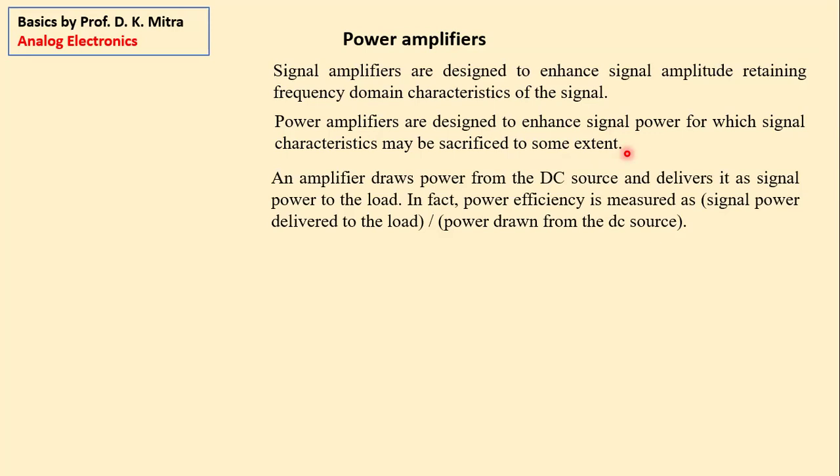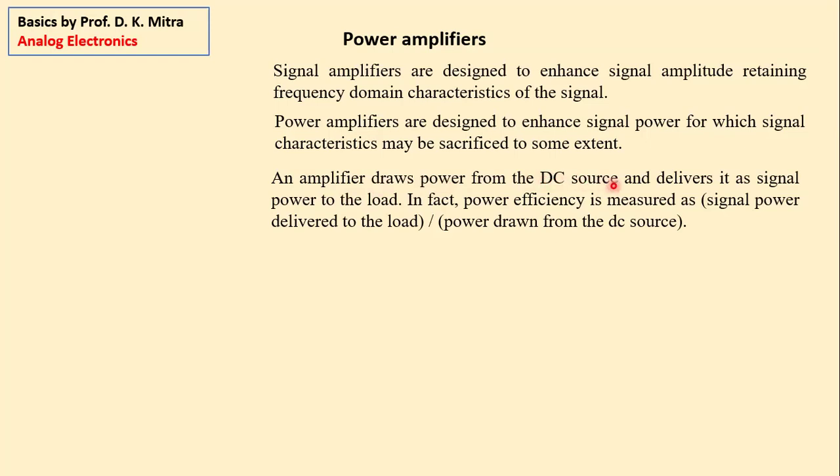Then another thing we must understand: an amplifier delivers sound power, but power or energy cannot be created. Where does the amplifier get the energy? The amplifier draws power from the DC source. Right?